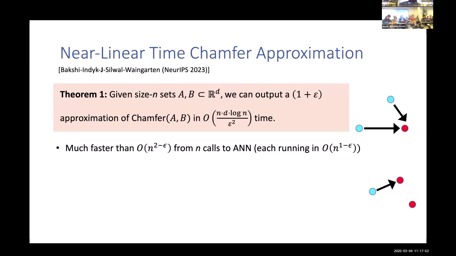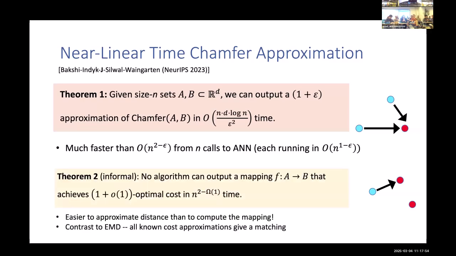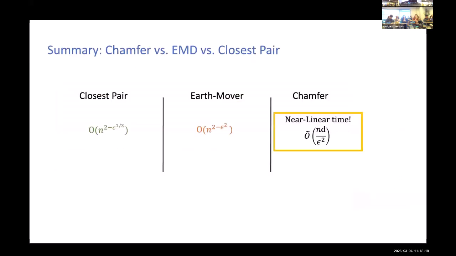It turns out that this is important, because we also showed that if you want to return the nearest neighbors of every point, the actual mapping from points to their nearest neighbors, even a constant factor approximation is essentially impossible in subquadratic time, conditioned on relatively well-known fine-grained complexity conjectures. So computing the cost turns out to be a little bit easier than actually finding the mapping.